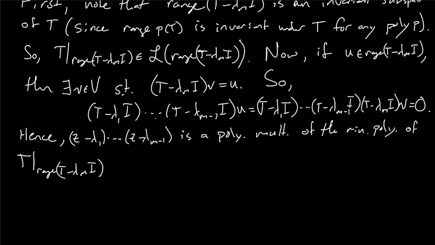This says, hey, plug in any u living in the range of T minus lambda_m I to this operator, you get out 0.